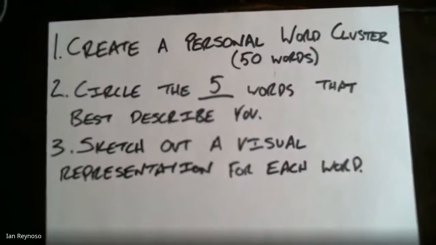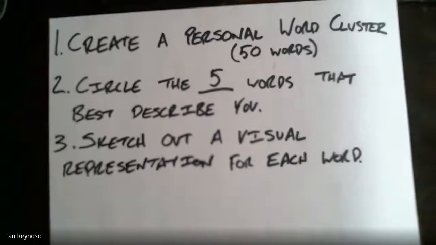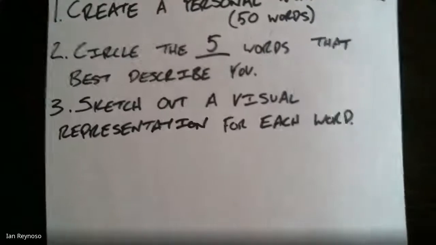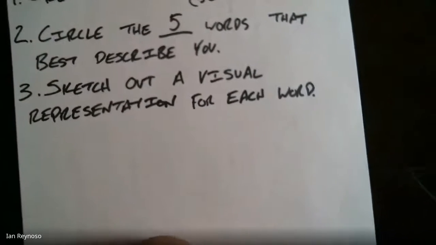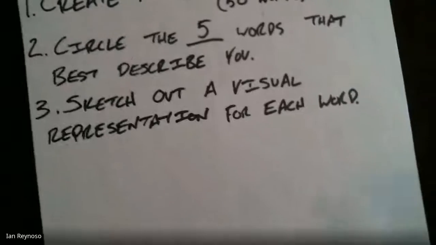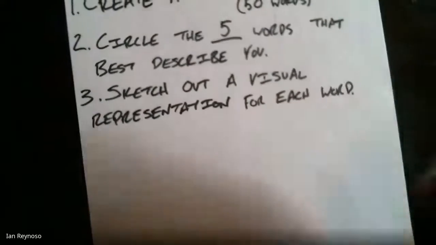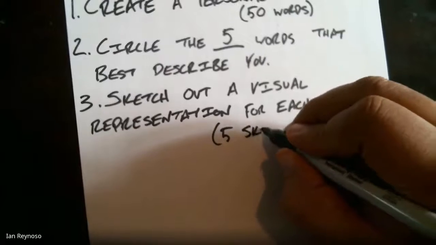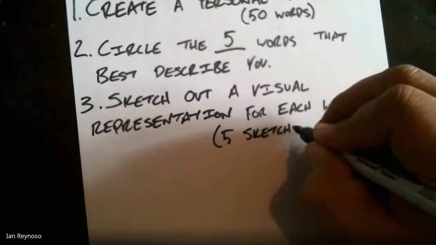Again, the personal word cluster is 50. You're circling 5 words. And then when you sketch out a representation for each word, it's for each of the 5 words. So when you're done, you have 5 sketches.